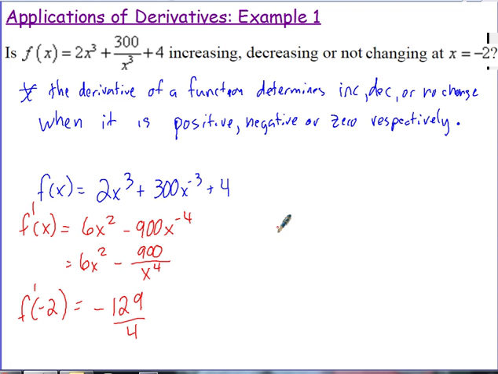So here's your final answer. At x equals negative 2, f of x is decreasing, because f prime of negative 2 is negative.